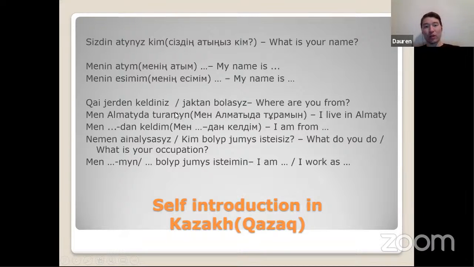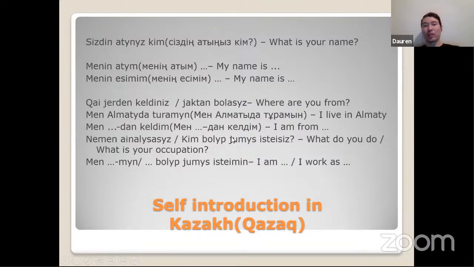Мен Алматыда тұрамын. If someone asks where you're from, it might not be the right answer to say that. If people ask where do you live, you can say Алматыда тұрамын. But for people who just started learning the Kazakh language, I think it's okay.